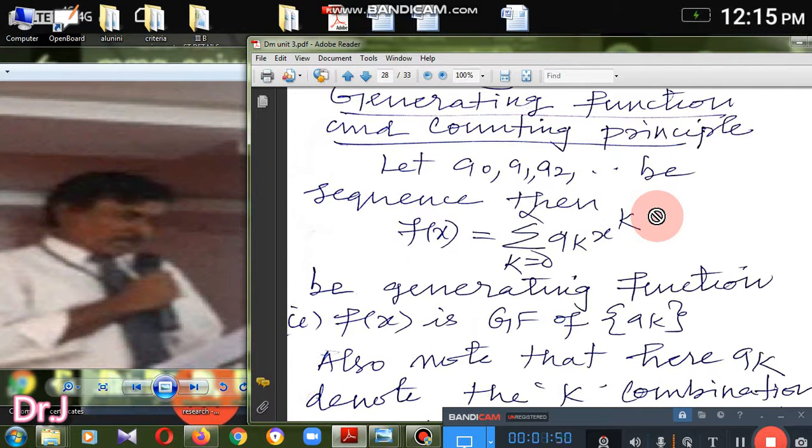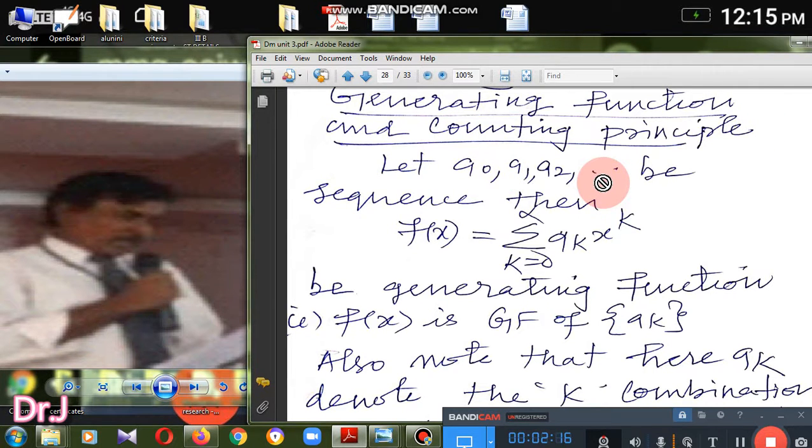I already told you in the last video that x power 0 is multiplied with A0, A1 is multiplied by x power 1, A2 is multiplied by x square, plus dot dot dot, Ak is multiplied by x power k. Summate them, and that's called the generating function.